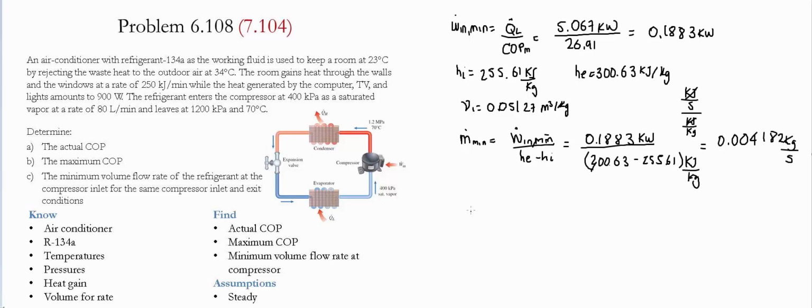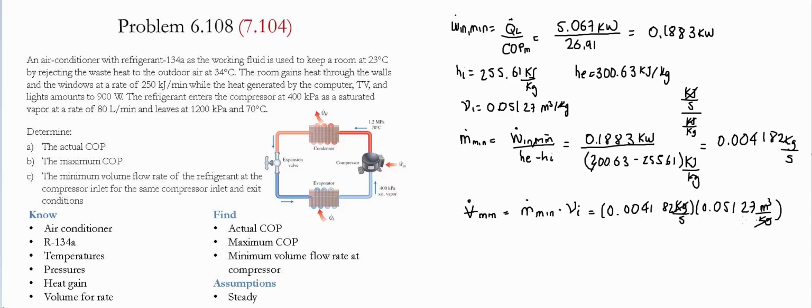This is kilograms per second, which are the units of mass flow rate. And then the last step, we find that the minimum volume flow rate is equal to the minimum mass flow rate times the specific volume, all done once again at the entrance. So we take the values, 0.004182 kilograms per second, and multiply by the specific volume that we found in the table, 0.05127 meter cubed per kilogram.